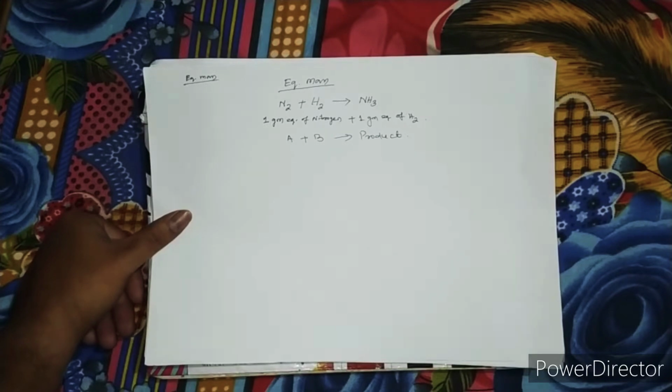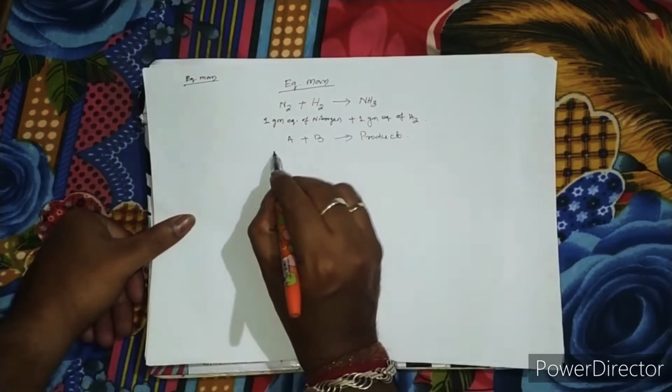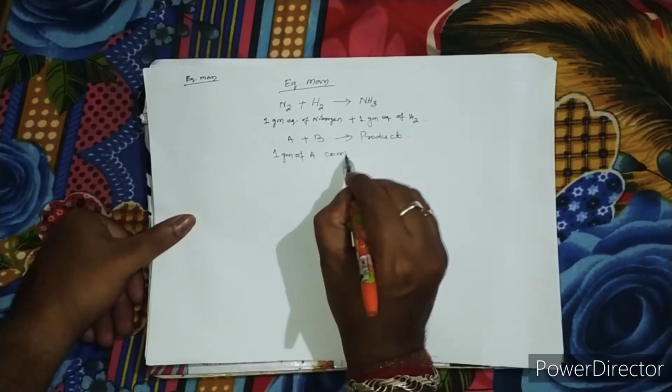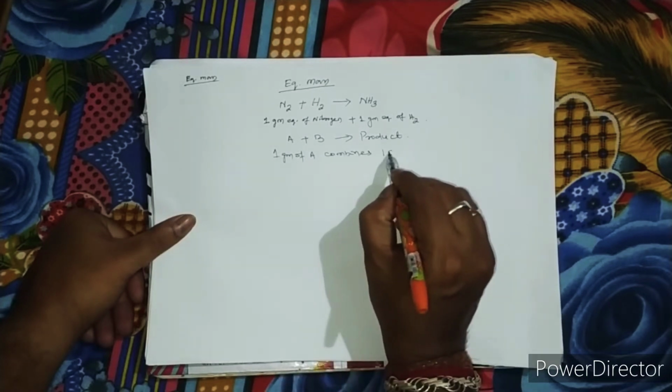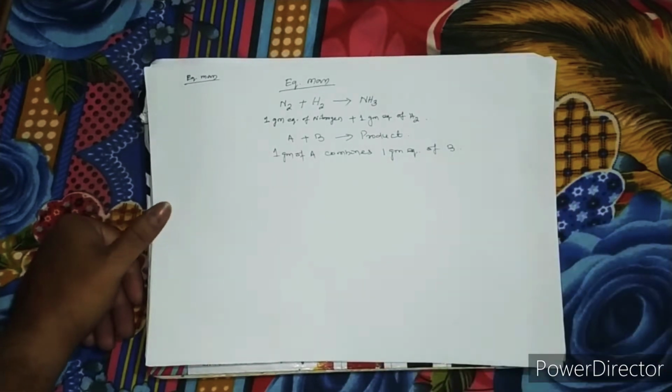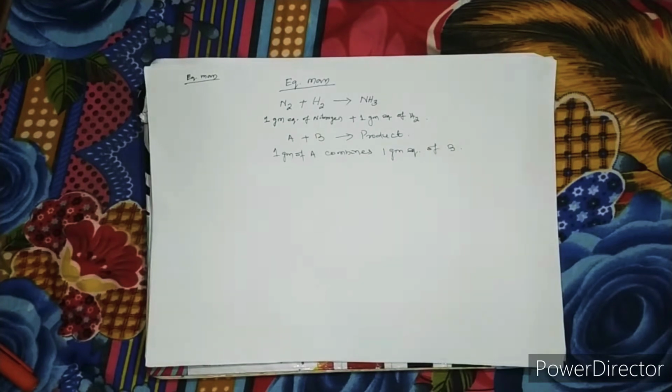Then at that time we can say 1 gram equivalent of A combines with 1 gram equivalent of B. Without knowing the complete information of a reaction, I can say for any equation, 1 gram equivalent of A combined with 1 gram equivalent of B or 1 gram equivalent of C.